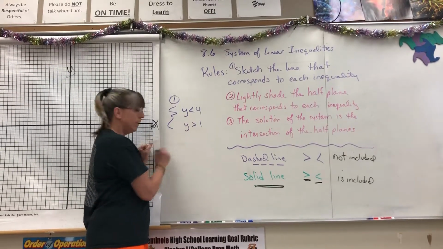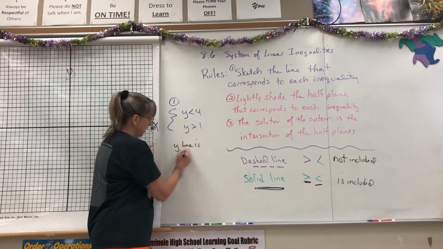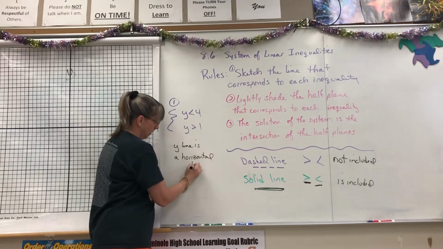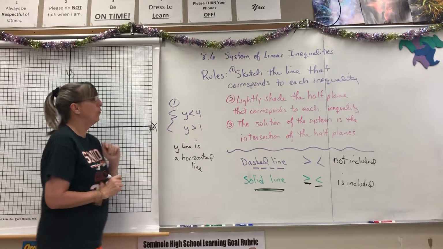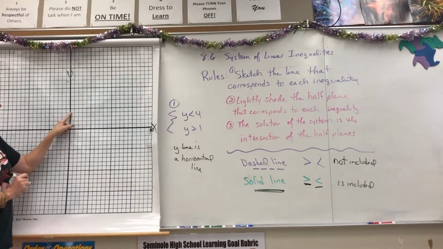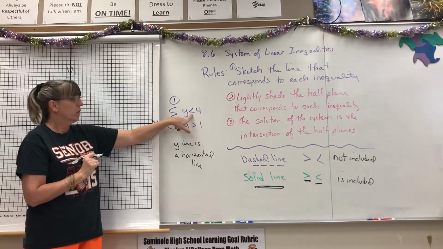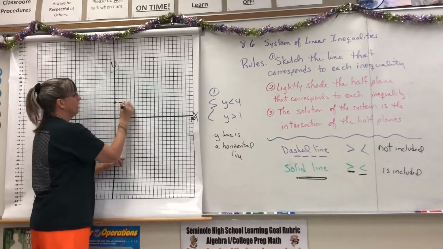A Y line, if you recall, is a horizontal line. Okay, so Y is less than 4. Go to where Y is 4, put a dot, go back, it's not included, so it's a dashed line.